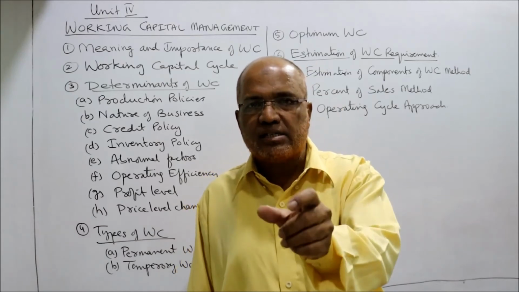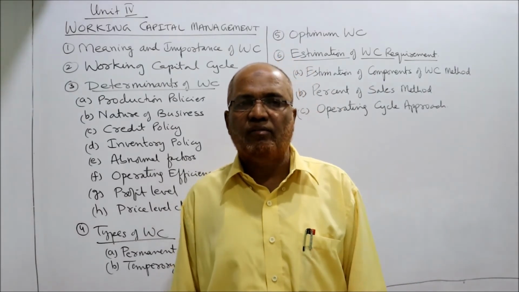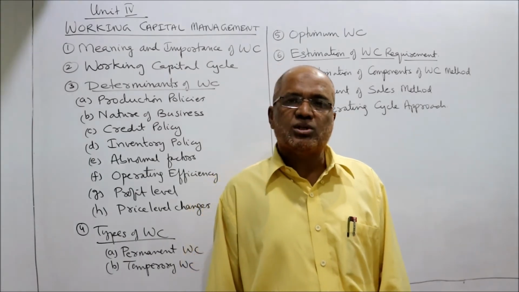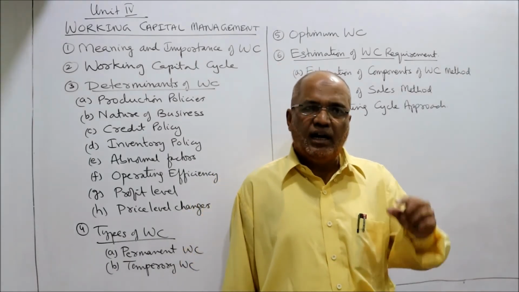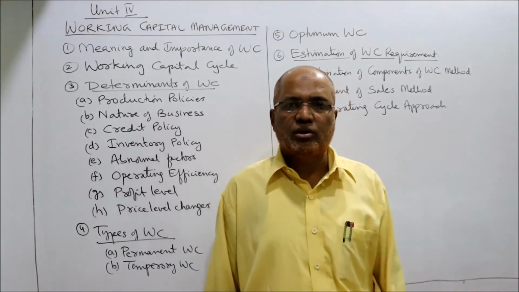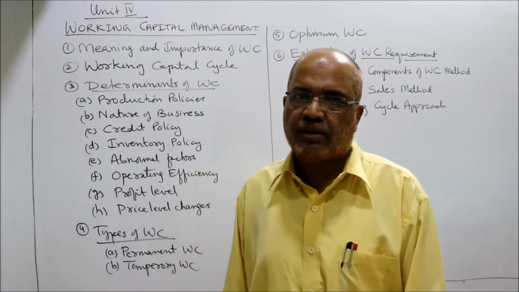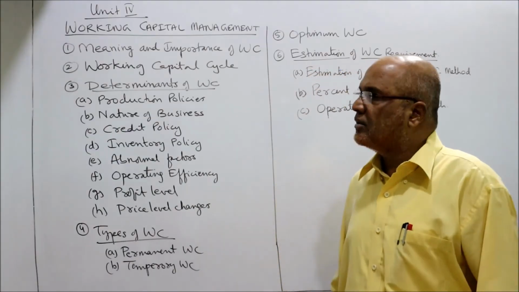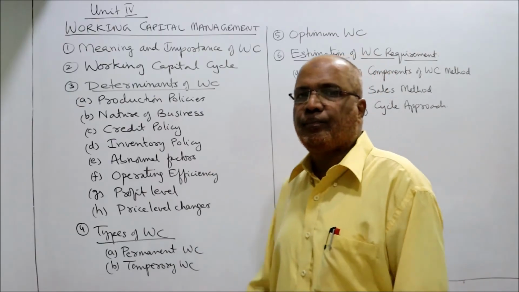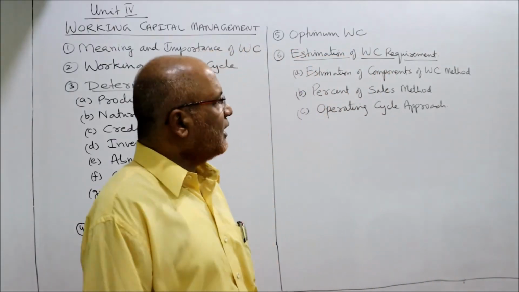So total of current assets minus total of current liability will get net working capital. This method is called components of working capital method. Individually each component we are calculating and then we are finding out the required working capital. And most of the problems will apply this estimation method. This is the most common method of estimating the requirement of working capital.